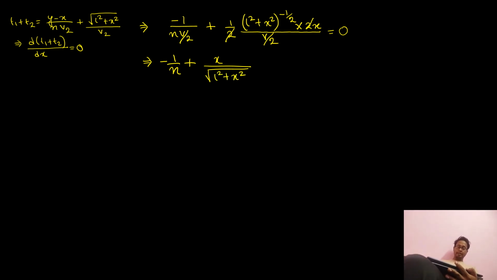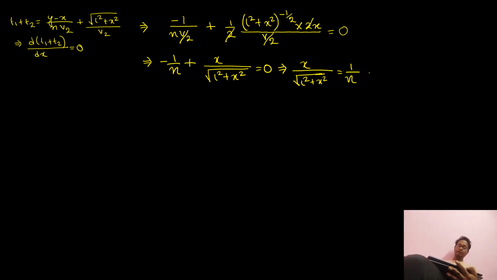I'm taking v2 common and multiplying it by 0. You can always do that in this type of equations. And the 2 out here and 2 out here are cancelled, equal to 0. Or x by under root of L square plus x square is equal to, minus goes to the right hand side, and it becomes 1 by n.